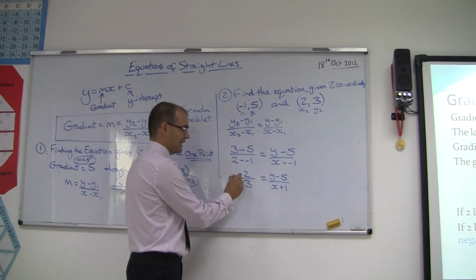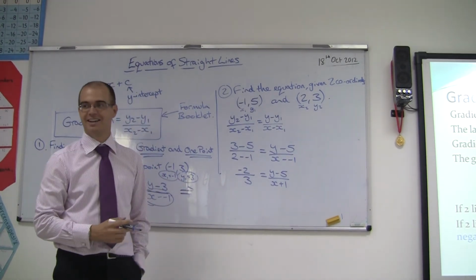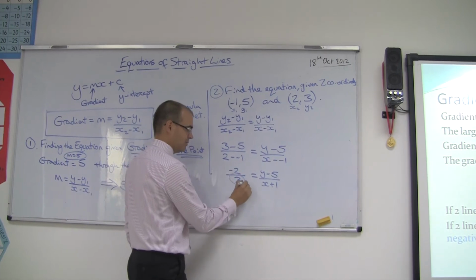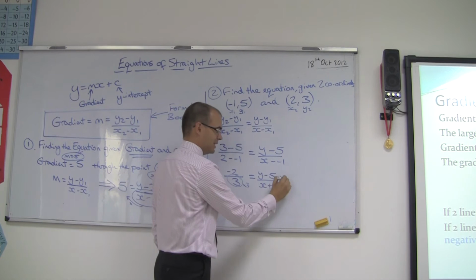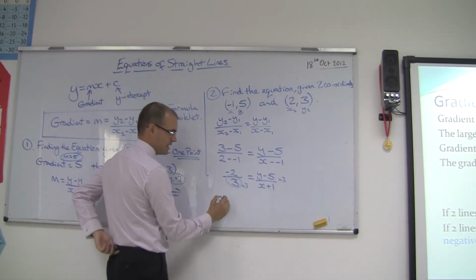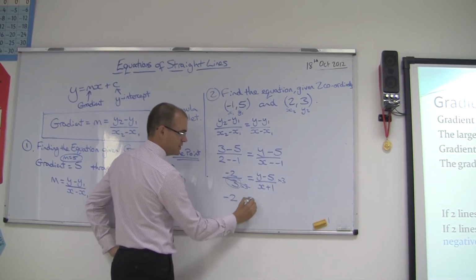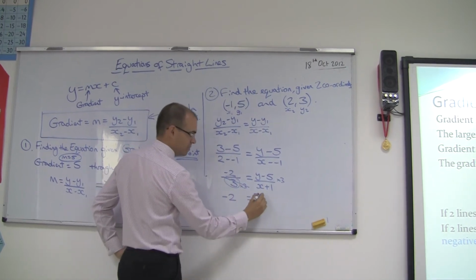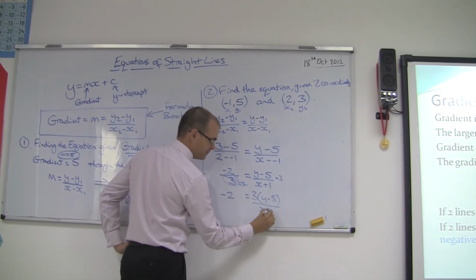From here, I've got this fraction line, which means divide. Easy. We can remove that divide by doing the opposite, which is times by 3. If I multiply this side by 3, I'm actually only affecting the numerator. So if I break it down one step at a time, that's going to give me negative 2, because these two cancel out, equal to, the safest way to start off with is to show brackets, over x plus 1.